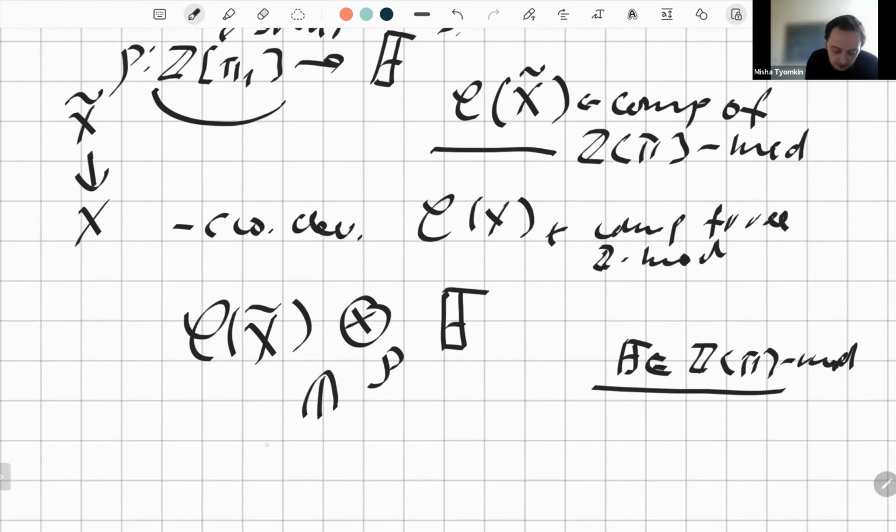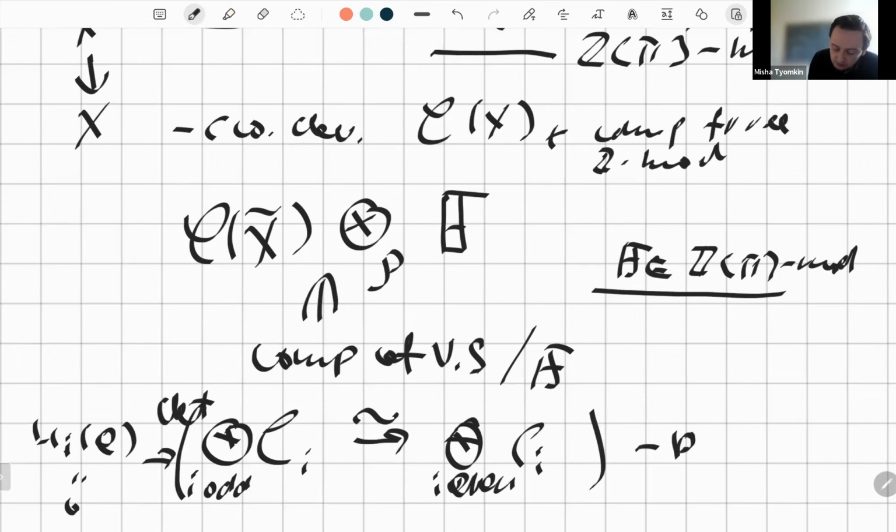If you have just any based complex over a field, then you might define its torsion by a certain determinant, which maps the direct sum of all the odd chains into the direct sum of all the even chains. So if the homology of C vanishes, then you may construct this isomorphism. Then you take the determinant of this isomorphism, and this is the Reidemeister torsion. Very roughly.